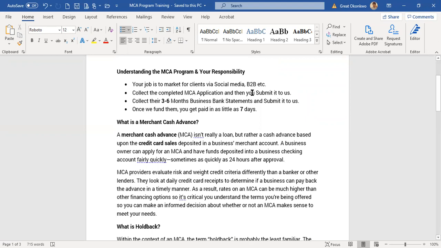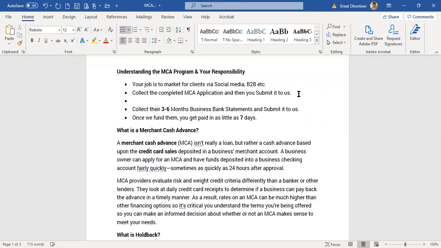We need them to complete the application, and the client must have been in business for at least 3 to 12 months in order to qualify for this type of funding.